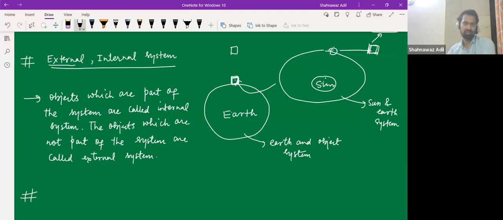So these are internal systems. When external things are applied on it, the parts which are not present in the system are called the external systems, right? So noted, guys, this part noted.